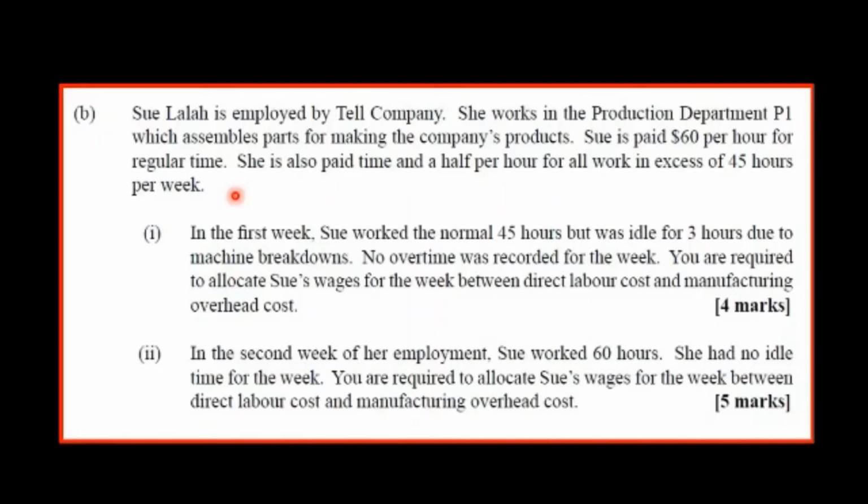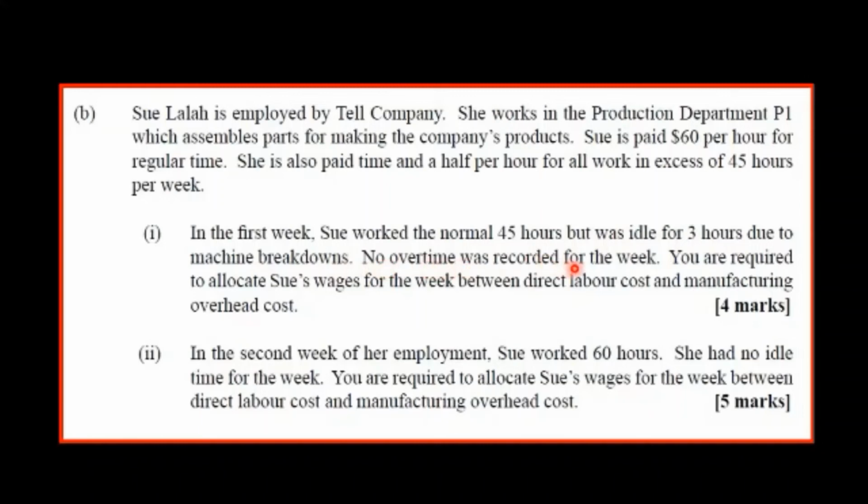Sue is paid $60 per hour for regular time. She's also paid time and a half per hour for all work in excess of 45 hours per week. In the first week, Sue worked the normal 45 hours but was idle for 3 hours due to machine breakdown.